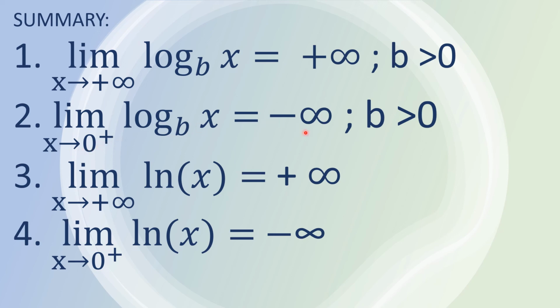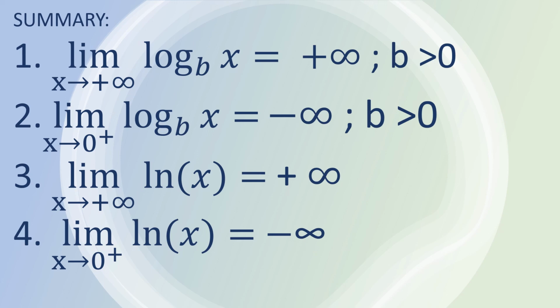This time, class, remember that for limits of logarithmic functions, there are still two, but they are no longer positive infinity and 0, but positive infinity and negative infinity. The limit of ln, the natural logarithm of x, as it approaches positive infinity, is positive infinity. The limit of ln x as x approaches 0 from the right is negative infinity. Screenshot this one and memorize.